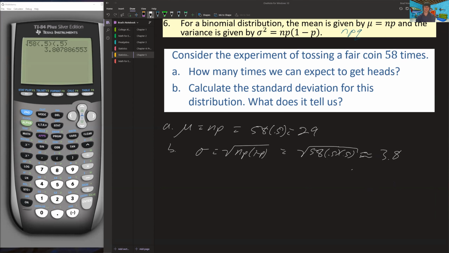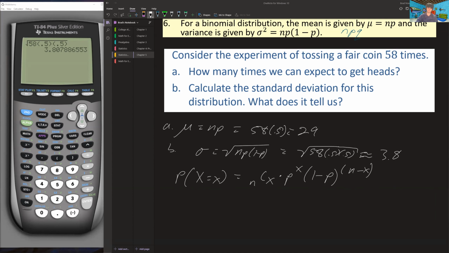Now, if we want to find the probability that we get some number of successes, that is to say the probability that our random variable X occurs X times, this is given by N choose X, where X is the number of successes we're looking for, times the probability that it occurs to the Xth power times 1 minus P, or Q if you prefer, to the N minus X power.